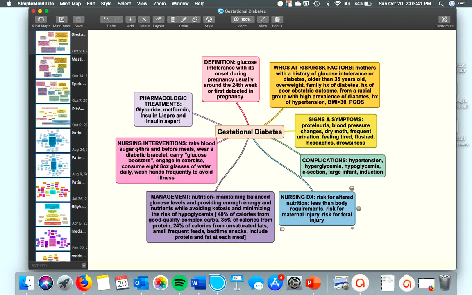Not every woman with gestational diabetes needs oral hypoglycemics or insulin. This is just, if it were to get to that; a lot of treatment is within nutrition.